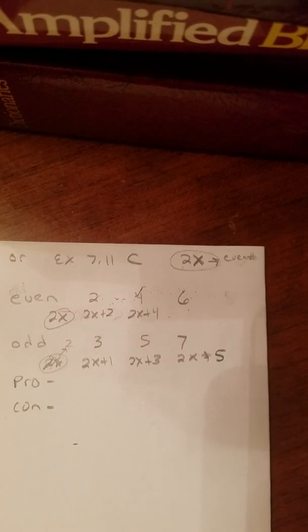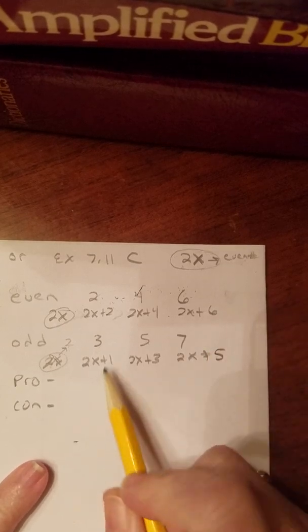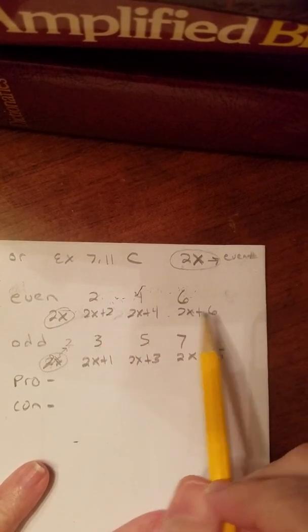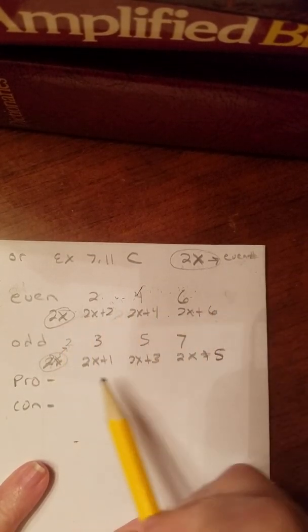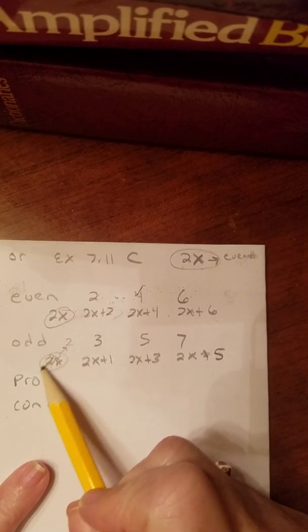Sorry about that. And this would be 2x plus 6. So you can see this has a 2, 4, 6 pattern if we're using the 2x. This has a 1, 3, 5 pattern if we're using the 2x.